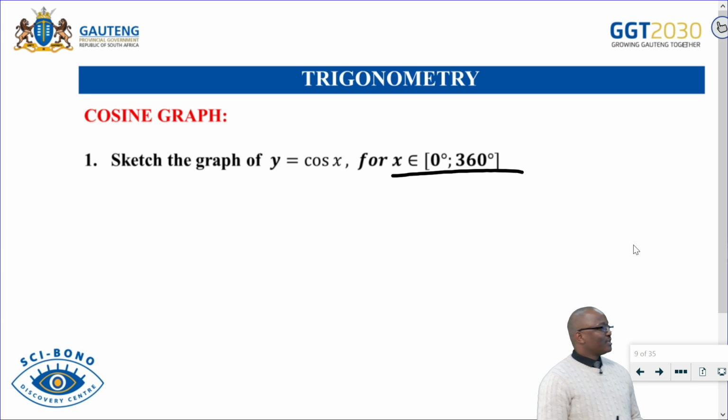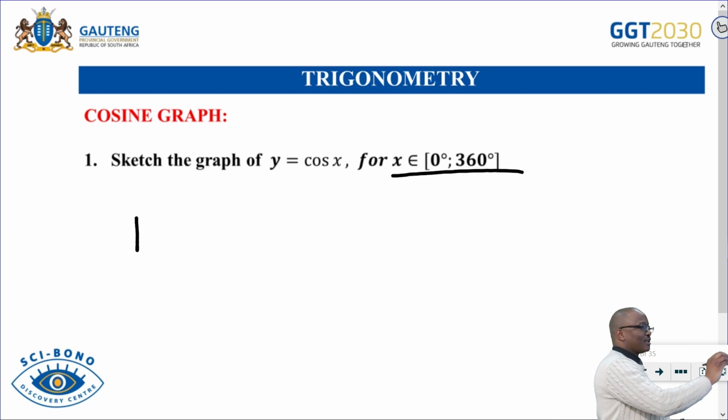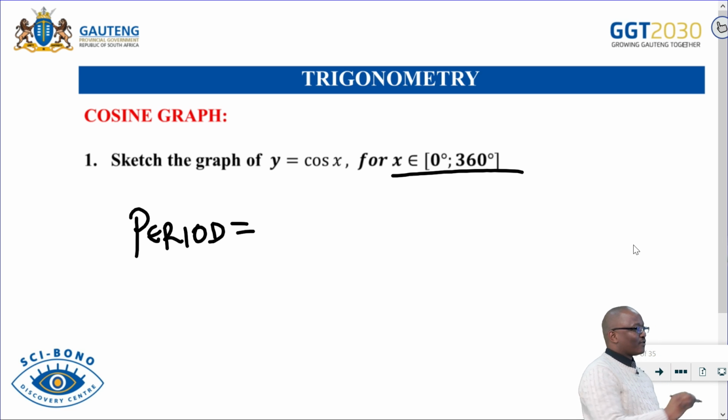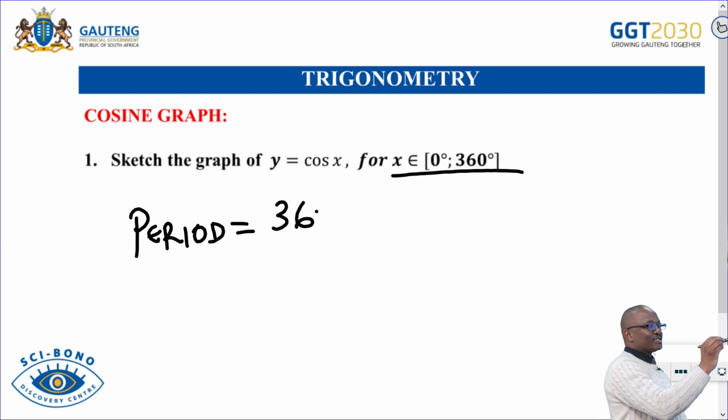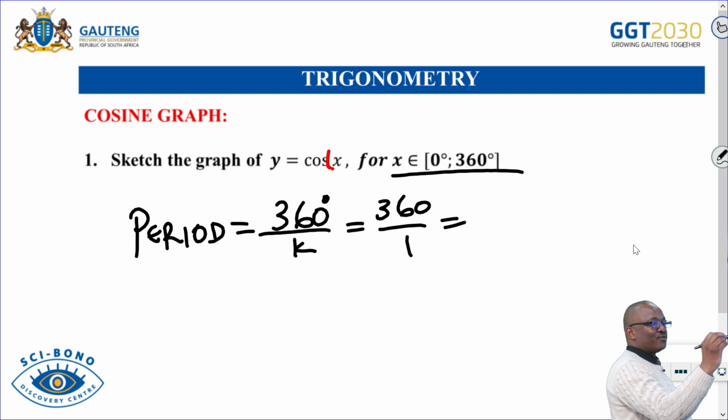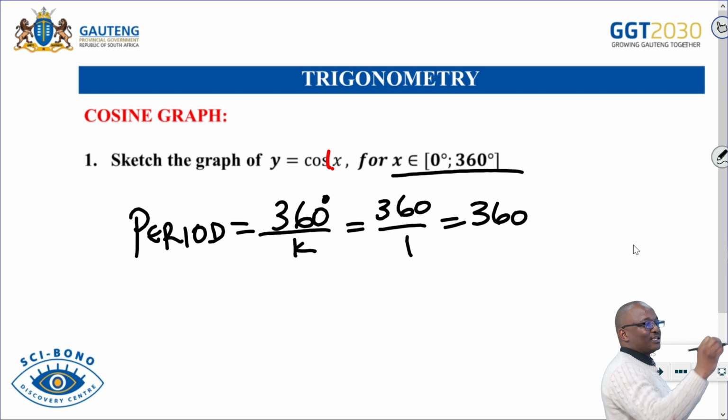So we follow the same procedure. We start with our period. What is the period for this graph? For cos, remember, it is 360 divided by k, and k is the number in front of x, which is the ghost one there. So 360 divided by 1 gives you 360.